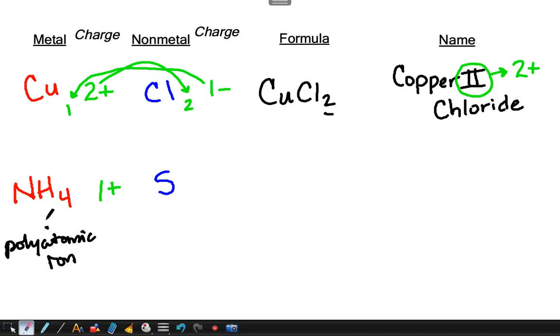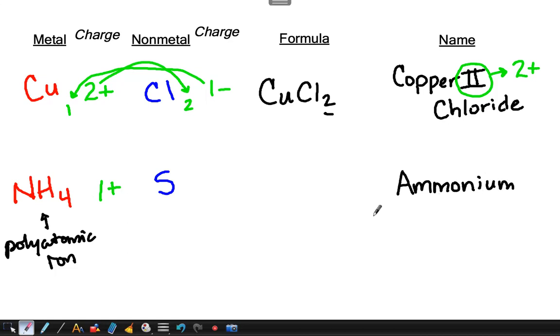I've got a polyatomic ion there, NH4. And if I look on my table from our notes, I can find its charge. Actually, the question gives it to me as a 1+. But NH4 happens to be a polyatomic ion known as ammonium.